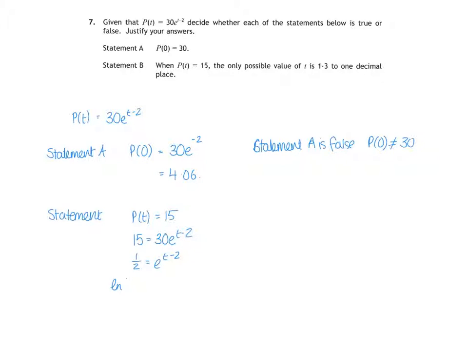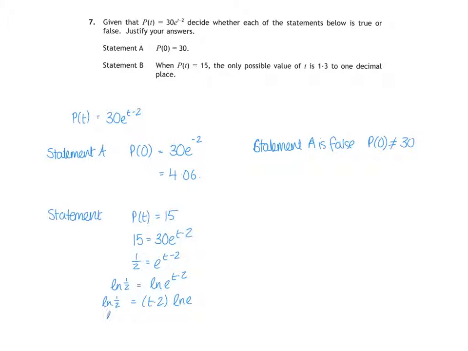So we get the natural log of a half is equal to the natural log of e to the t minus 2. If we've got anything raised to a power, we know that that can come down to the front. So we have log to the base e of a half is equal to t minus 2 times log to the base of e, because that's one of our log rules. We know if we've got a power, then it comes down and multiplies out the front.